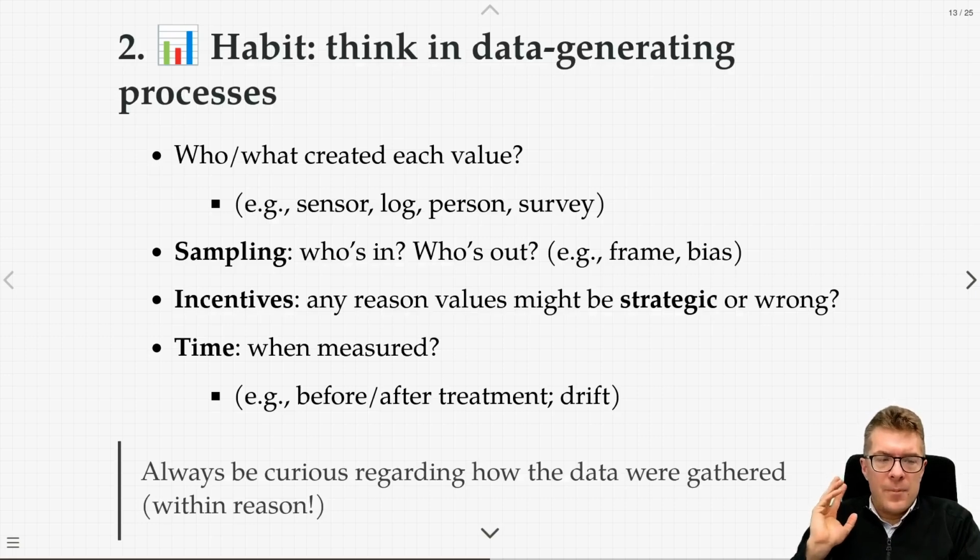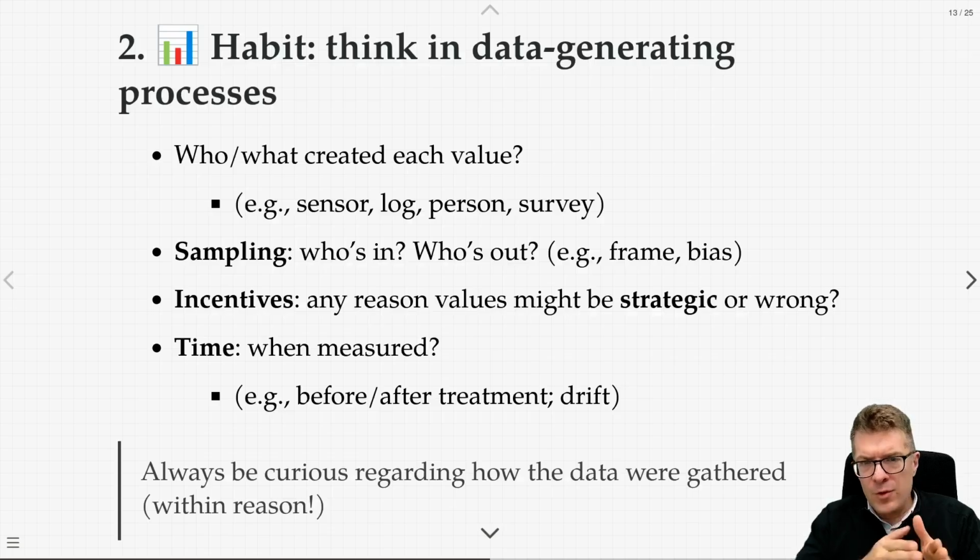If you have a predefined idea of what you're looking for, and you structure the data acquisition process in such a way that you're almost guaranteed to get the answer you want, this is not really a valid form of doing data collection. Or even back to the idea of sampling: if you only sample data from people who share the same idea that you do about some concept, you're likely to get data that really adheres to your pre-existing worldview. And that's just not a correct way of doing data collection.